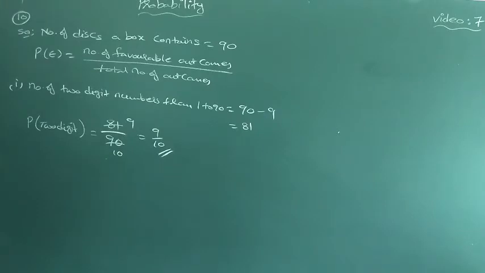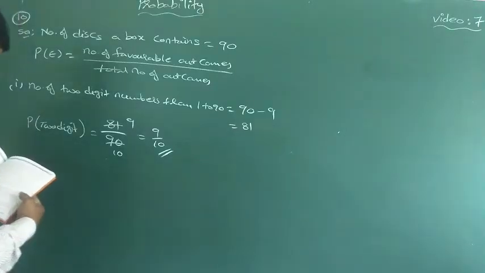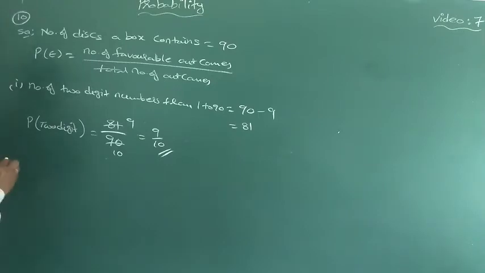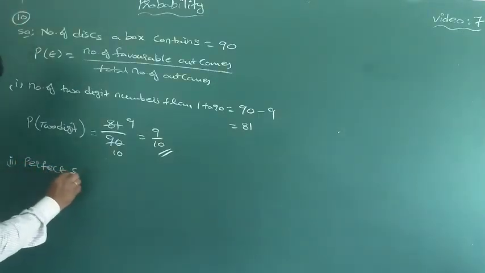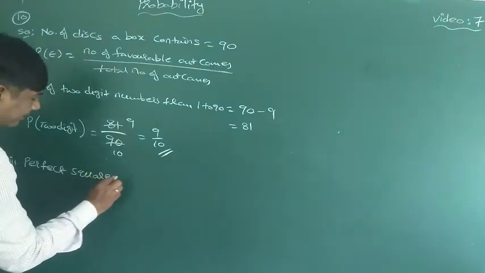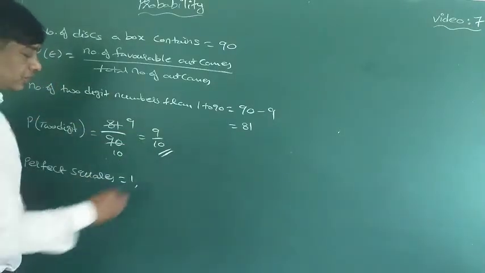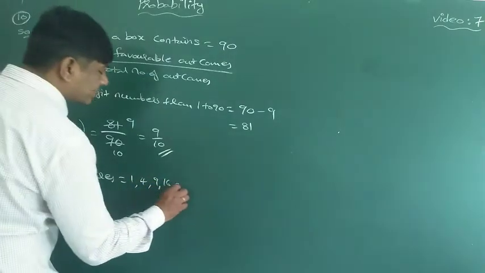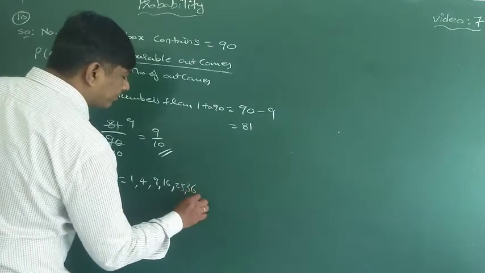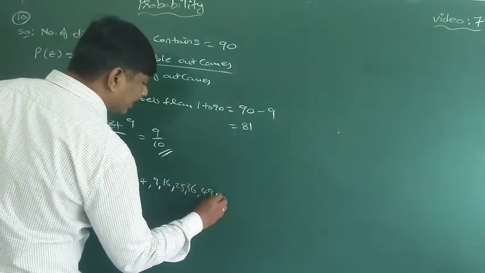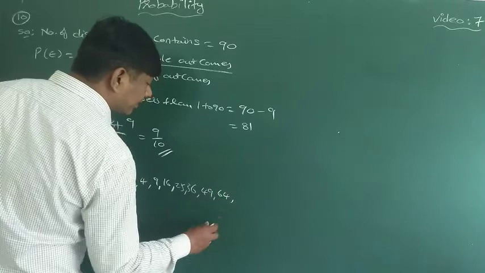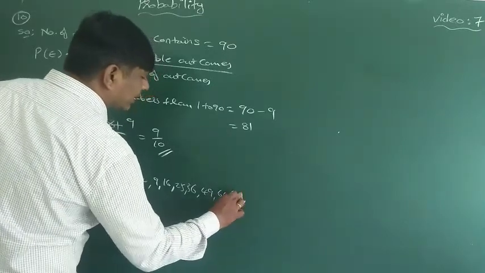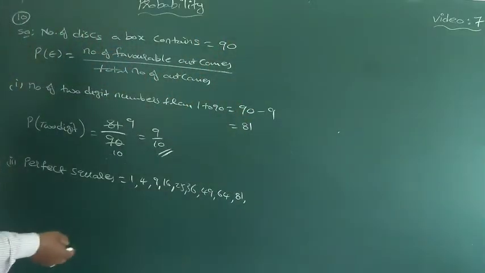The next one: a perfect square. What are the perfect squares? 1 is a perfect square, then 1 square, 2 square, 3 square, 4 square, 5 square, 6 square, 7 square, 8 square, 9 square, and 10 square is 100, which is not there.